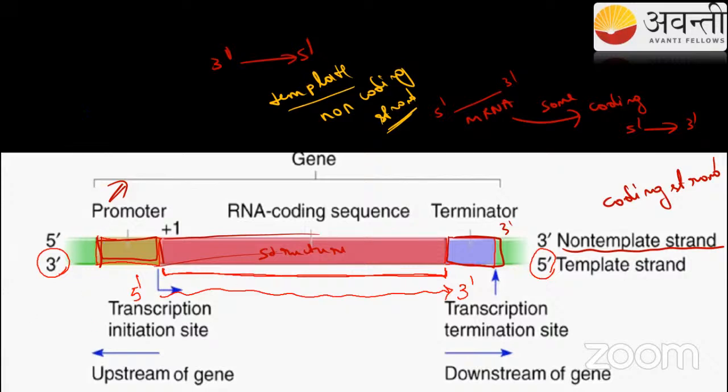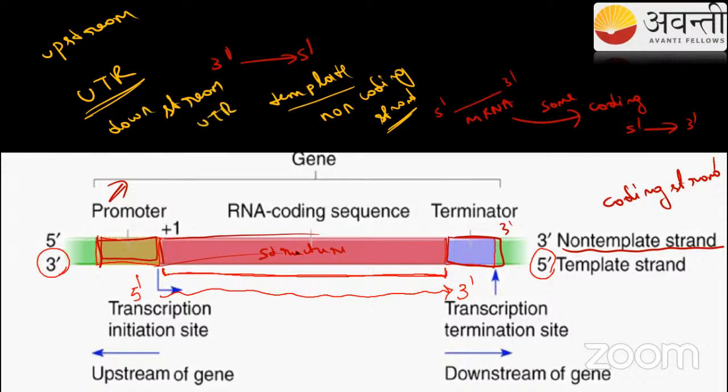So let us come here. What is a UTR, guys? Untranslated region. UTR means untranslated region. We will also call it the upstream UTR and the downstream UTR. Where is the upstream UTR going to be present?